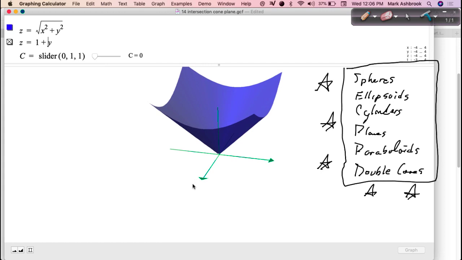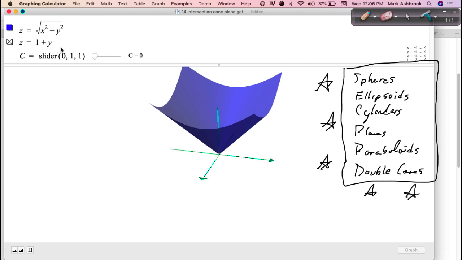All right, what about z equals 1 plus y? Yeah, it's like a cylinder. What kind of cylinder is that? Linear cylinder, right?